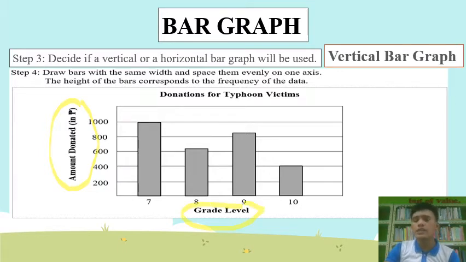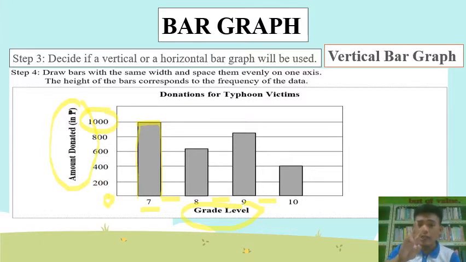The highest amount donated is 1,000. So we will range at the maximum of 1,000. Grade 7 donated 1,000 pesos, so from this point, going to this one. You draw, and make sure that they have the same scale, the same interval. It starts at 0 here.